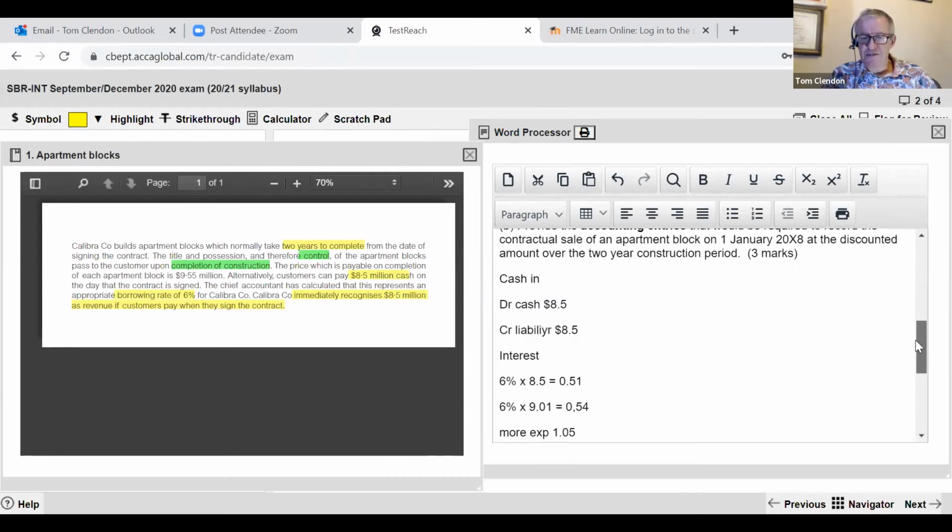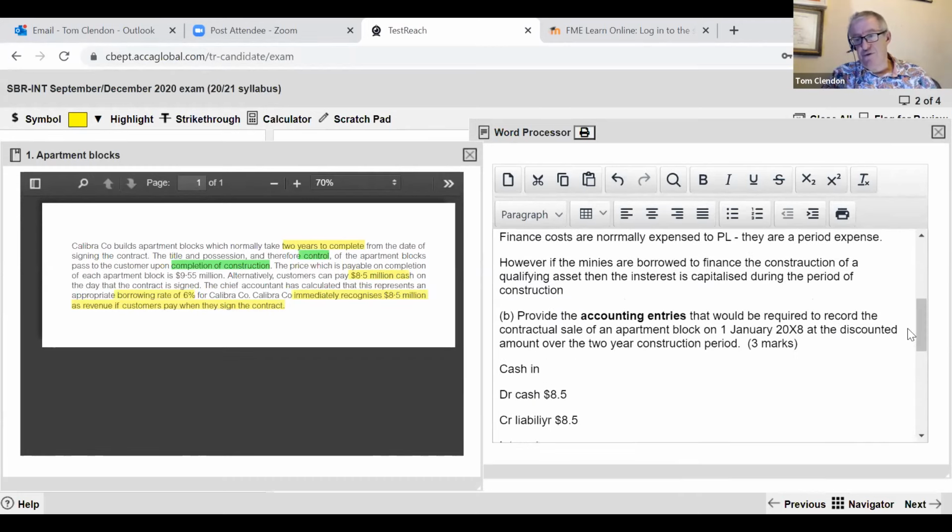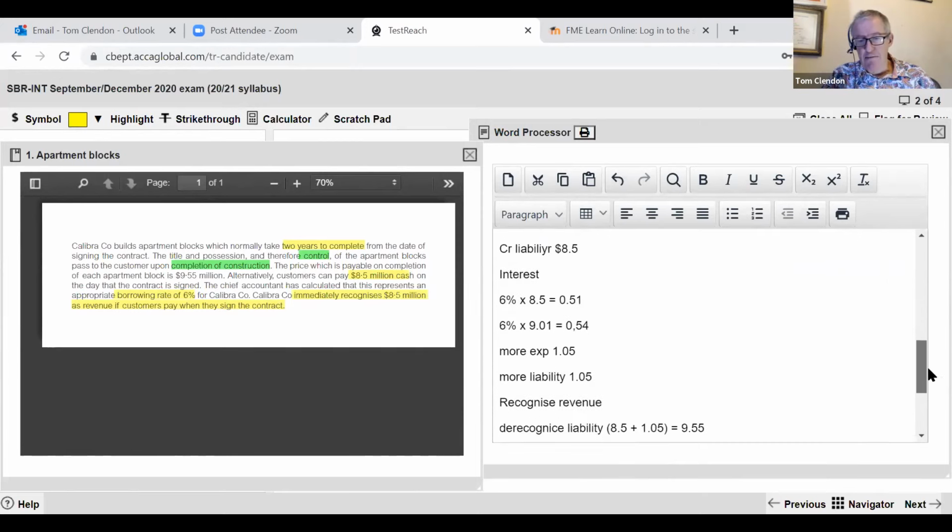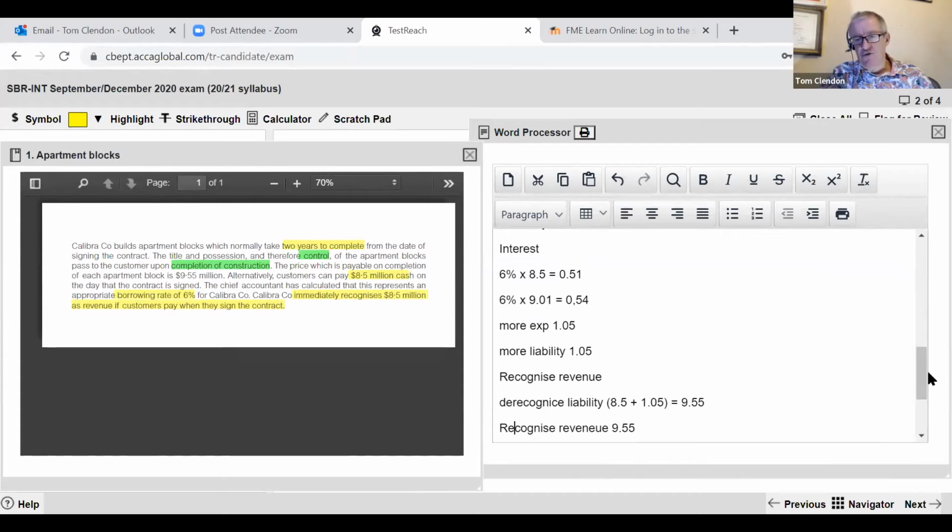And so this for me is 3 out of 3. There's no doubt in my mind whatsoever that we have got 3 out of 3 for showing the entries. In fact, even if you'd made a mistake in calculating the interest, and you'd only done 1 year, I'd still give you 3 out of 3. I still would have done.